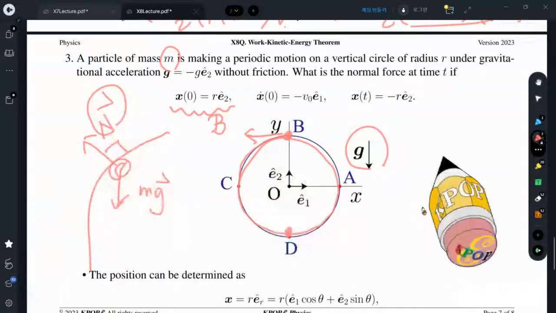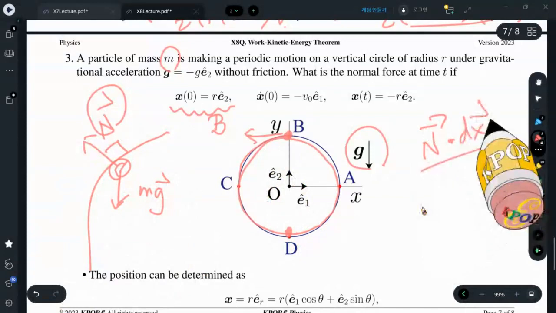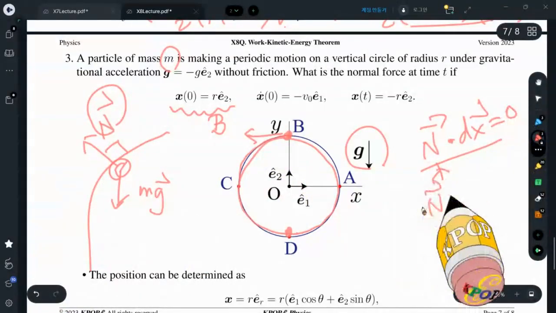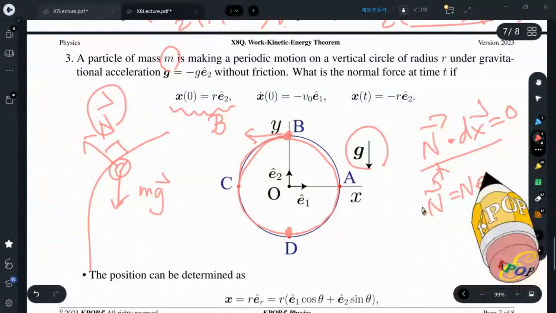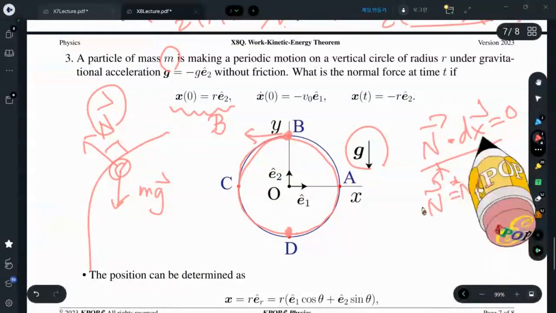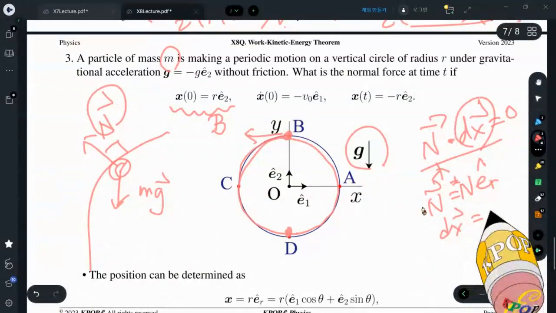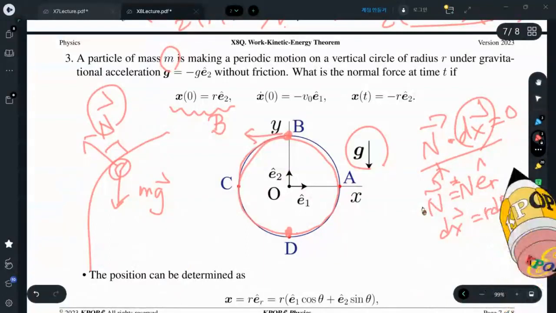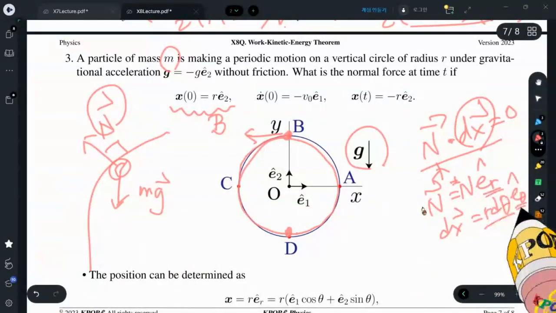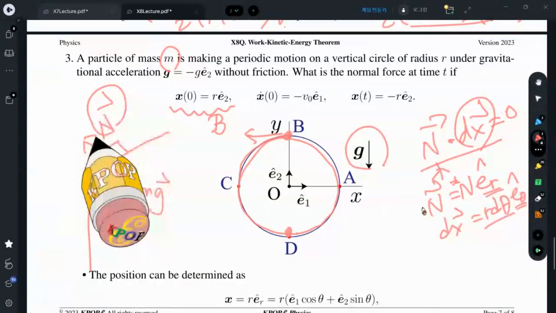So normal force times the displacement is always zero. Normal force is always along this radial direction, either plus or minus, and dx is r d theta e theta. So e_r and e_theta are perpendicular to each other. Normal force does not work at all.